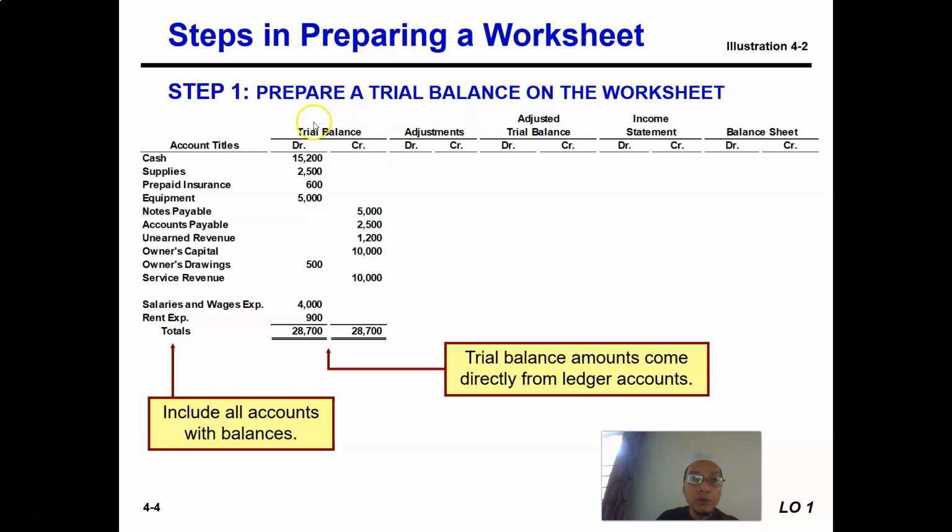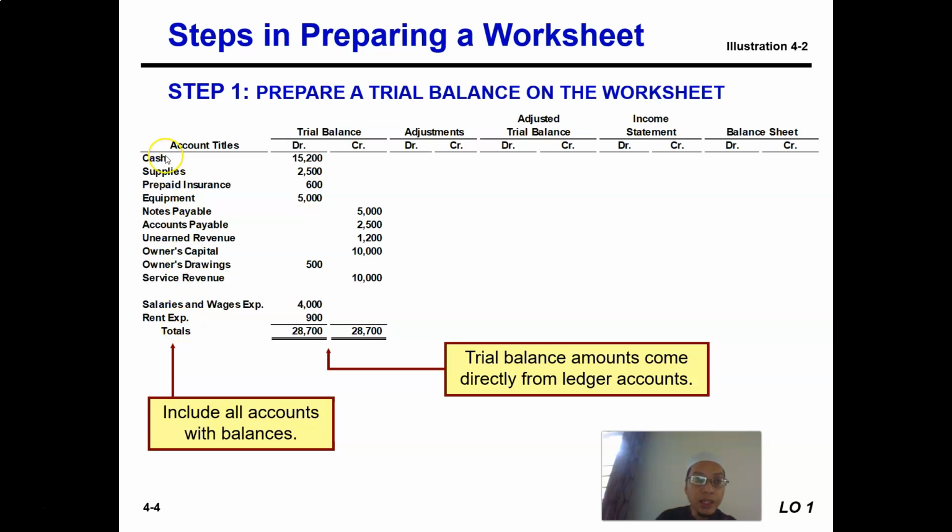We have a column of trial balance. Firstly, we need to list all of our accounts in the account titles. Here we have cash, supplies, prepaid insurance, until rent expenses.